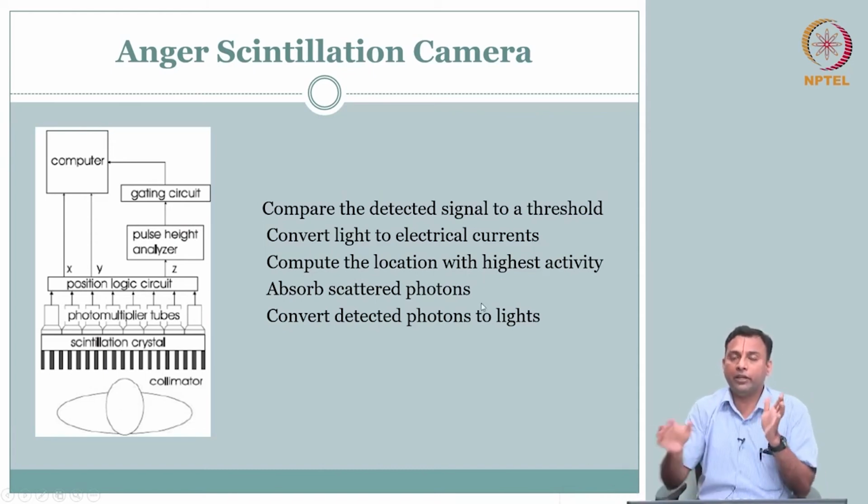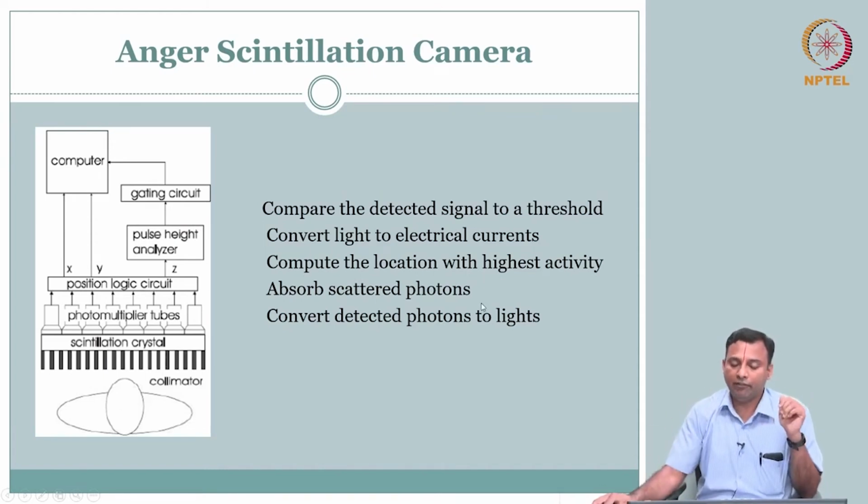So, based on this signal you have to say where it is coming from, where is the highest activity. So, this is the rough logic of what this Anger scintillation camera, the whole unit, is supposed to do, right. We will go one step at a time.